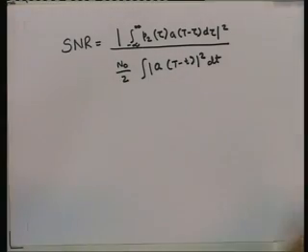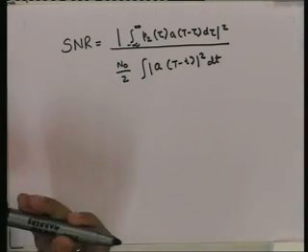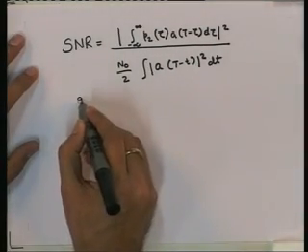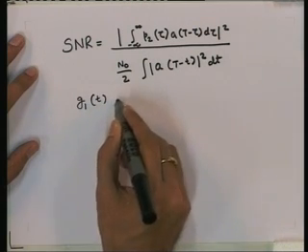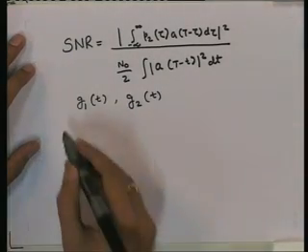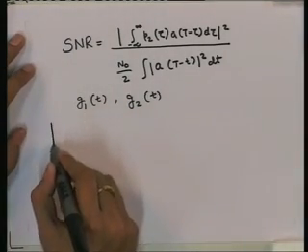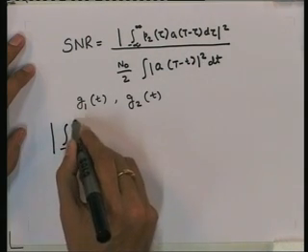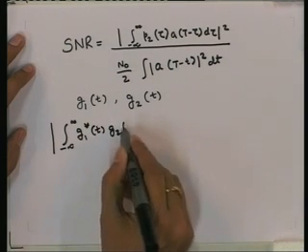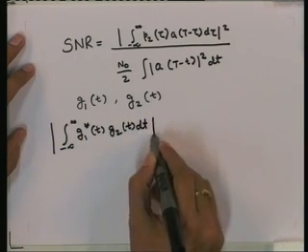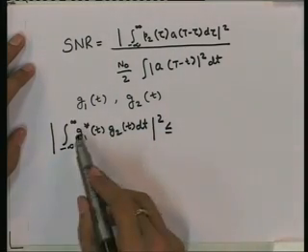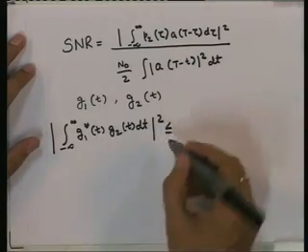Now, we have a known inequality called the Cauchy-Schwarz inequality. The inequality says that if we have two signals g1(t) and g2(t), both complex, maybe real also, then this holds: the integral from minus infinity to infinity of g1 star t g2 t dt, whole square, is less than or equal to, this is the product, take the integration and then take the mod square.